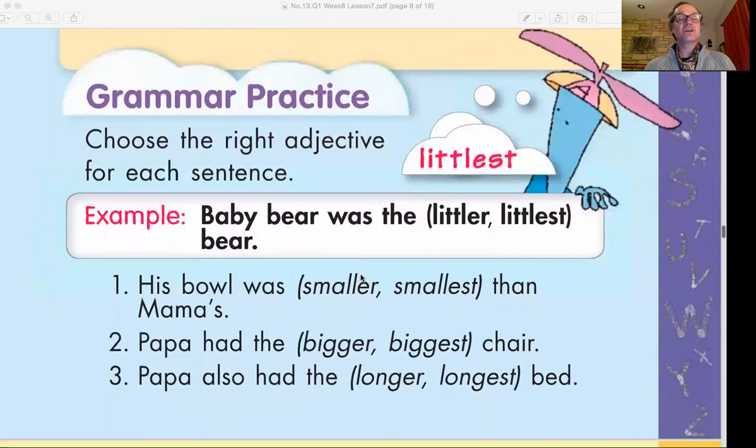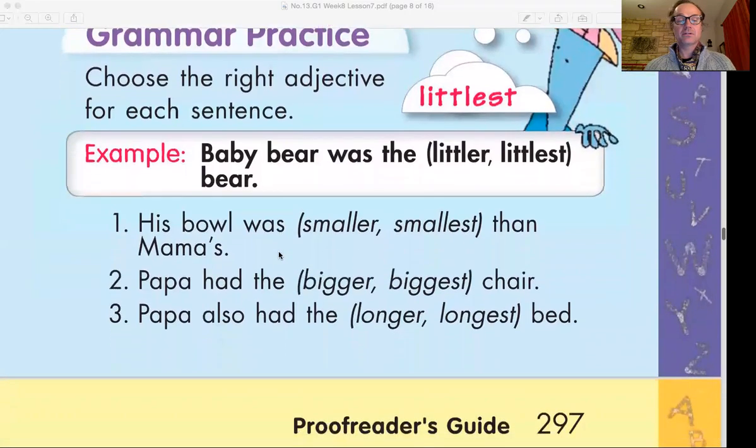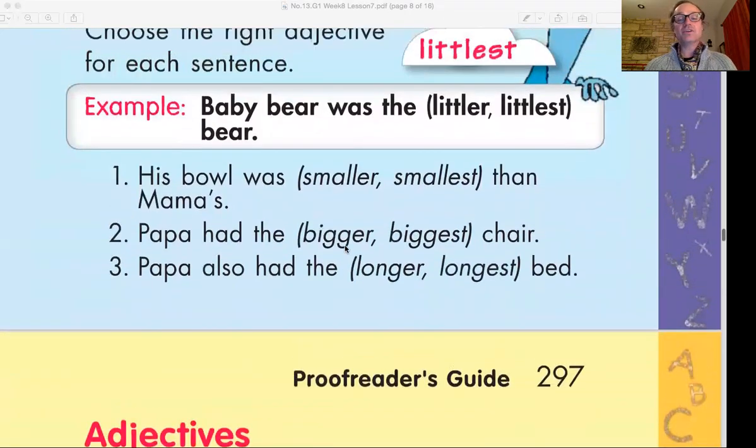Grammar practice. Choose the right adjective for each sentence. Here's an example. The baby bear was the littler or the littlest bear. It depends how many bears, right? Number 2, you can choose one of these. There are 3 here, so why don't you pause this and then you answer all these. Try to choose the best adjective, and then we'll go through these right now.